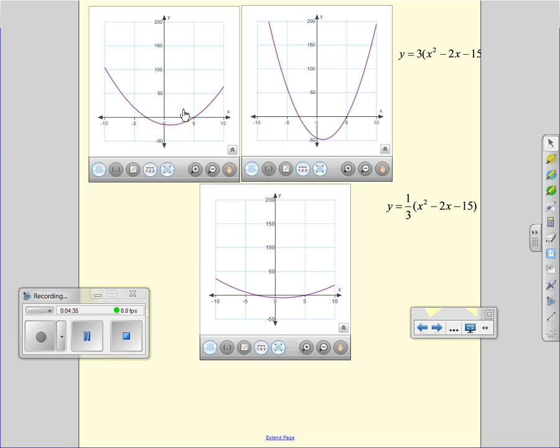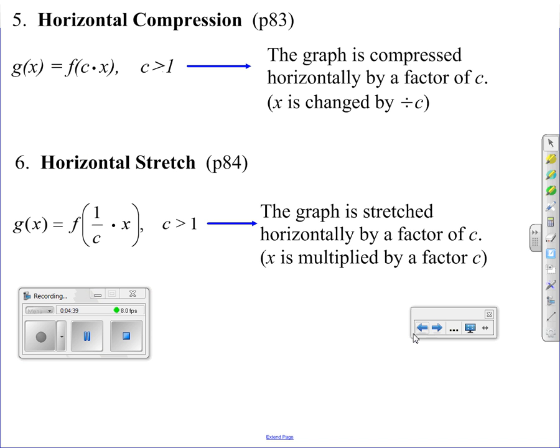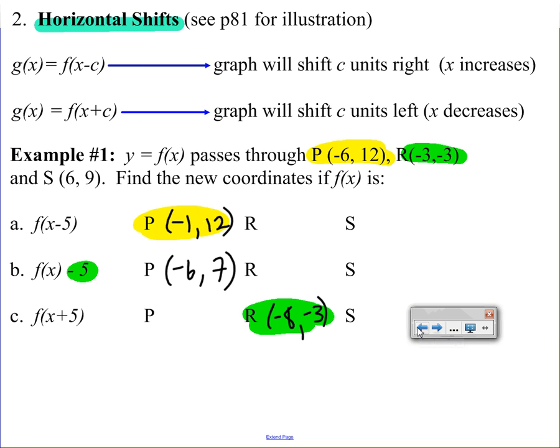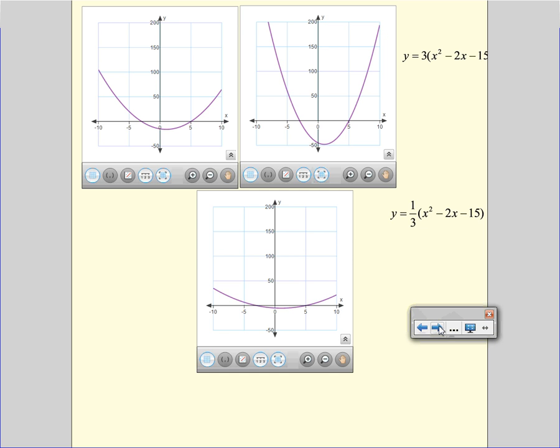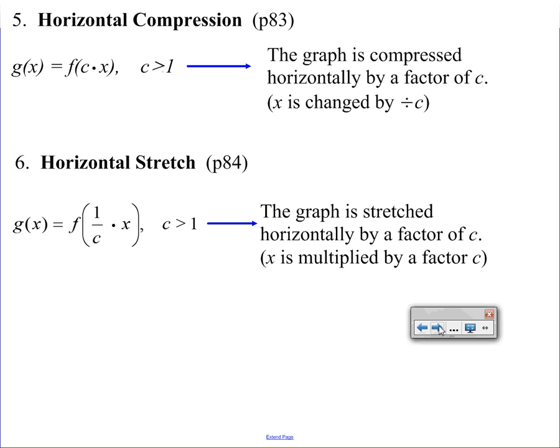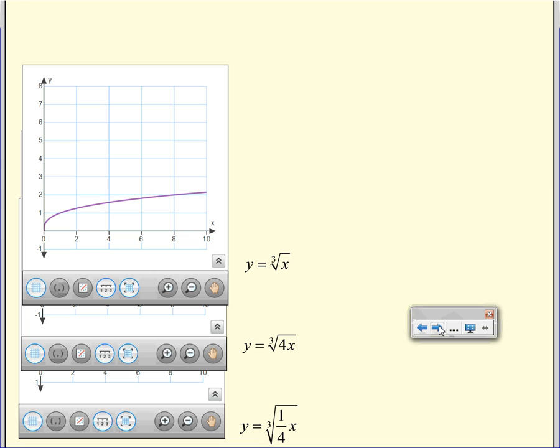It's become wider. That's because it's getting bigger slower, and that is what happens vertically. Similarly with horizontal, we find the same thing that happened back here with our horizontal shifts, where it was the opposite of the operation with the x value. It's the same thing with these horizontal compressions and stretches. If we multiply by a number, it gets compressed.